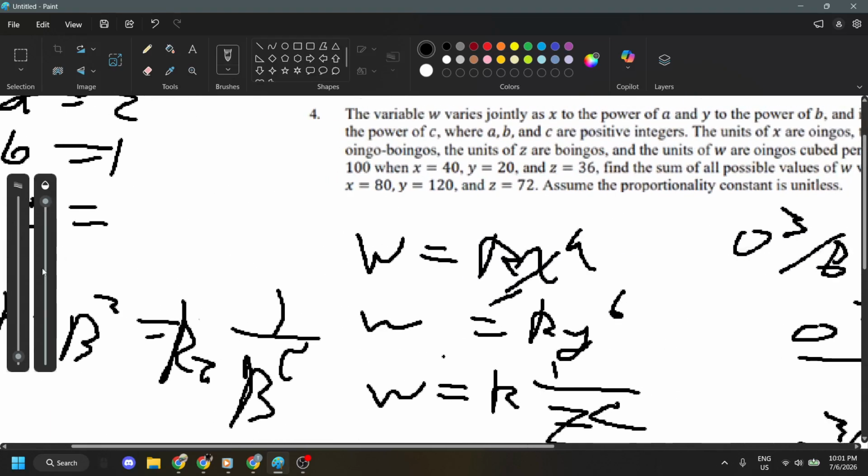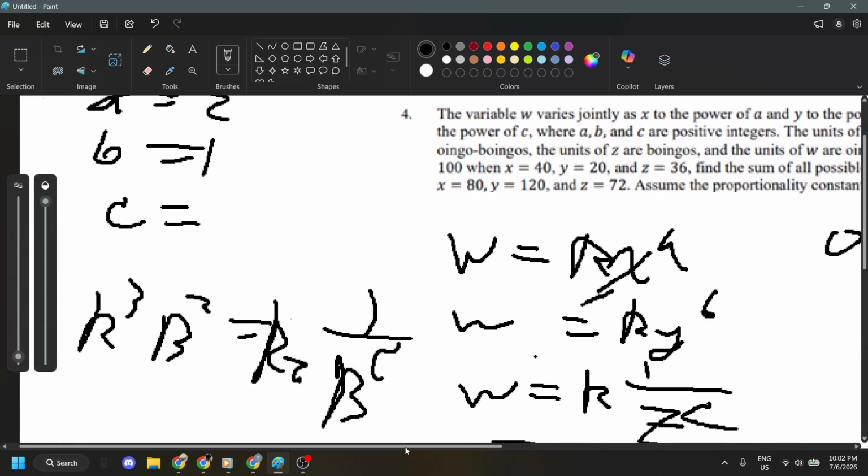We have no oingos there, so what can we do? I feel like there's something here that I can possibly do, if I could just figure it out.